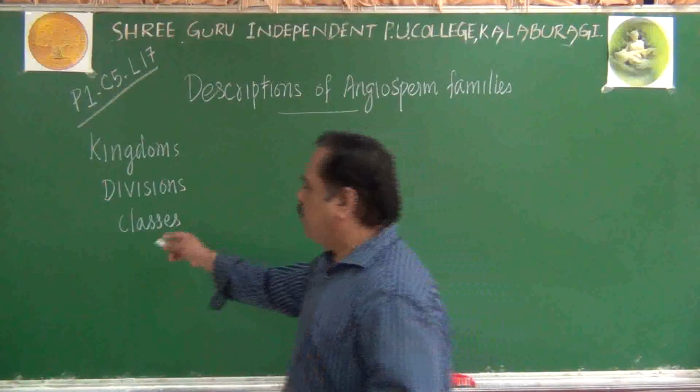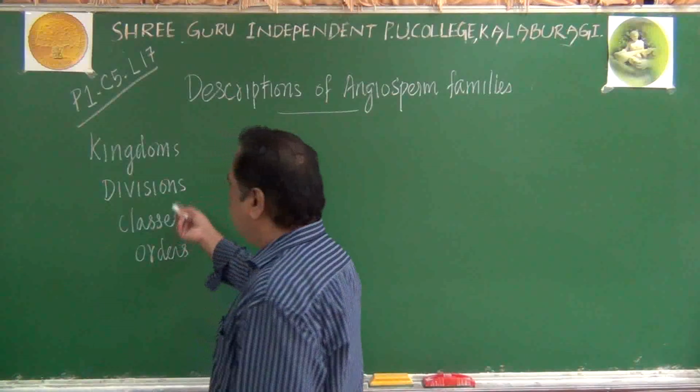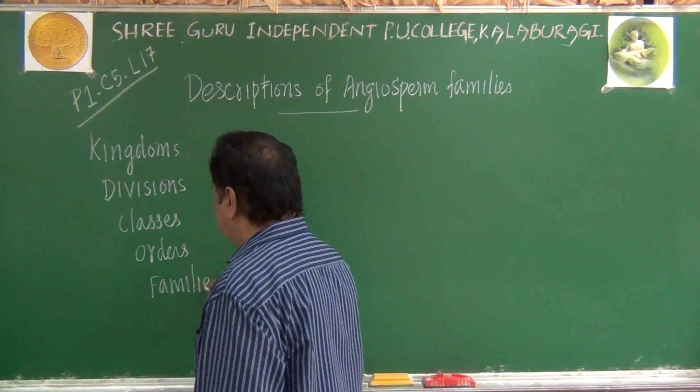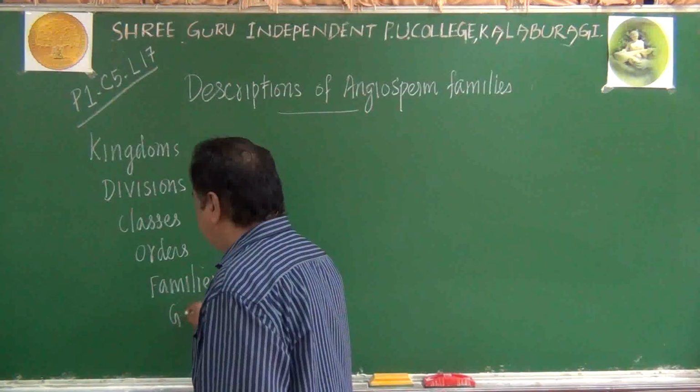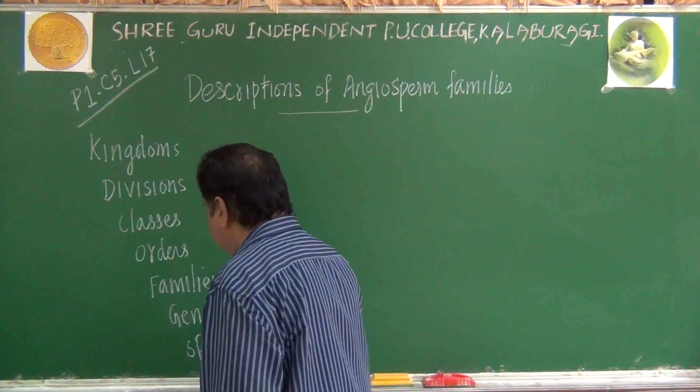Classes are further differentiated into orders. Orders are further divided into families. Then they will become the genus and finally it will become a species.